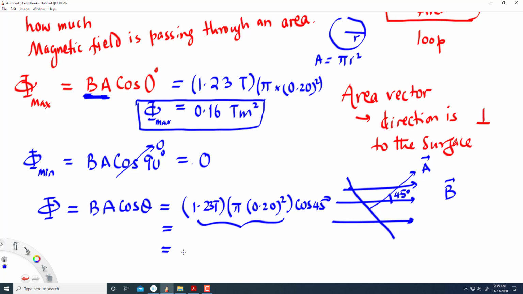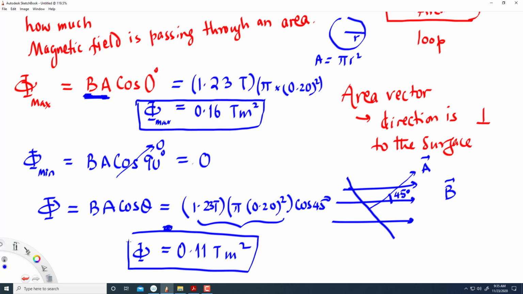No, cosine 45 is 1 over root 2. So 0.11, okay, 0.11 Tesla meter squared. Okay. So that's the magnetic flux.